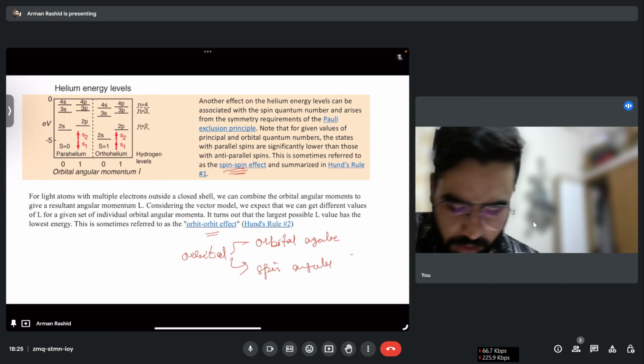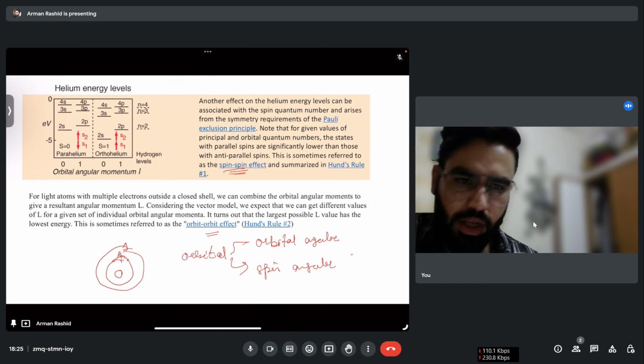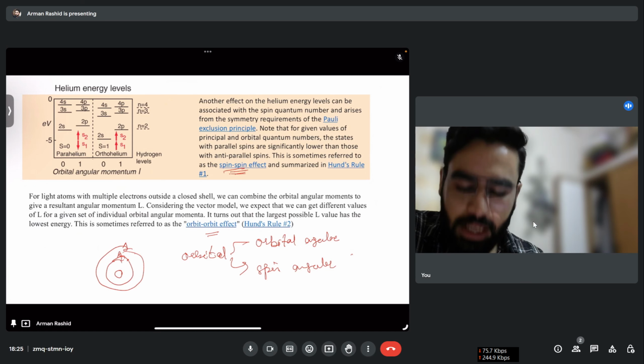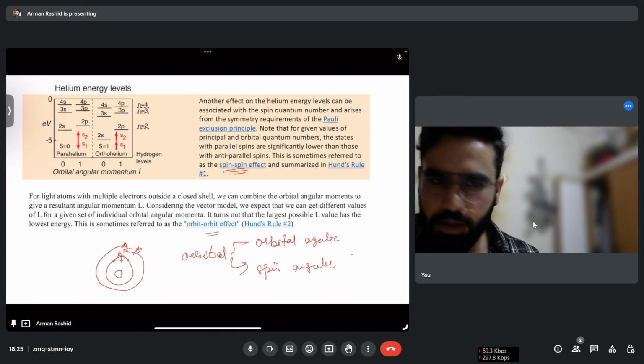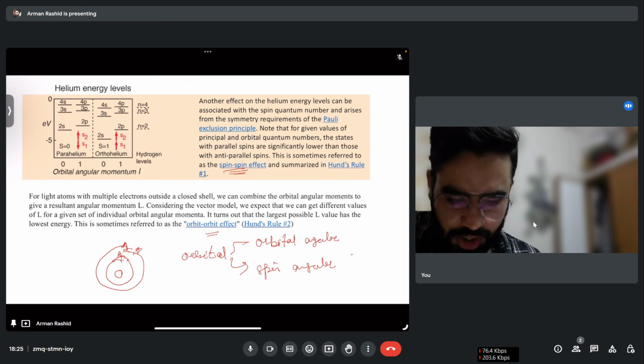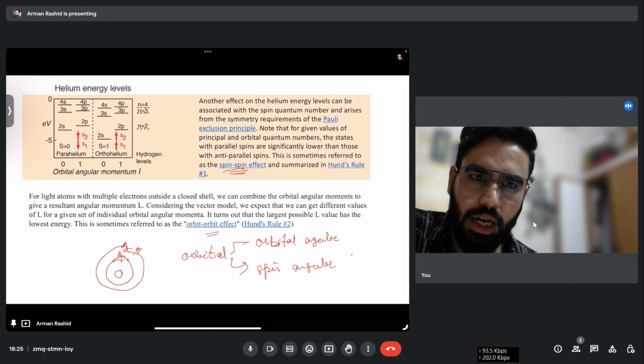Now if you have an atom with electrons in two orbitals, or electrons in the same state but in an open shell, it is not like a noble gas configuration. For noble gases, both the total orbital and spin angular momentum come out to be zero in the ground state.